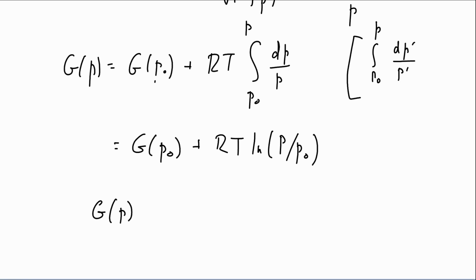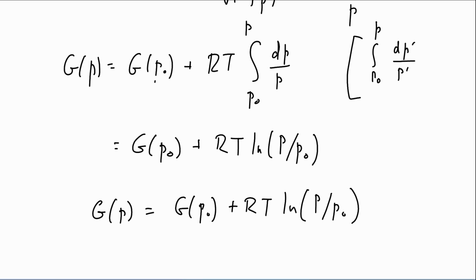G of P equals G of P naught plus RT log P over P naught. I can check myself. If I put in P equals P naught, I just get G equals G naught. So my boundary condition here is okay.